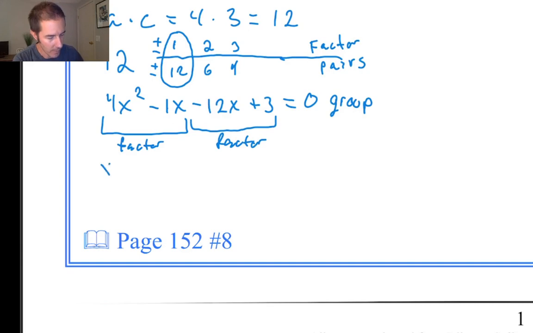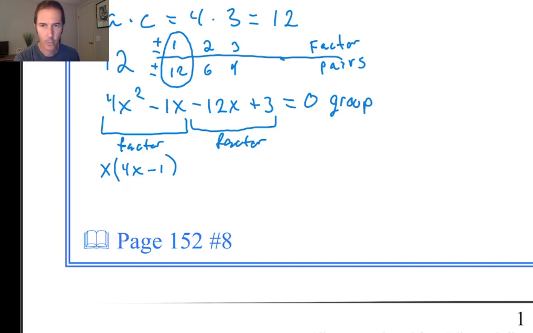So I'll factor out the x, or reverse distribute it, if you want to think of it that way. And I can tell that I factored correctly by distributing the x, just doing it in my head. X times 4x makes 4x squared, x times negative 1 makes negative x. Perfect, that's what this says, so we have factored correctly.